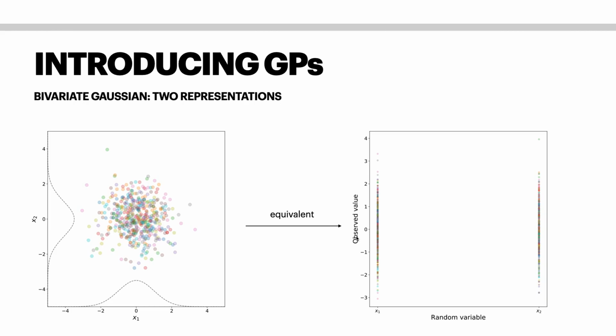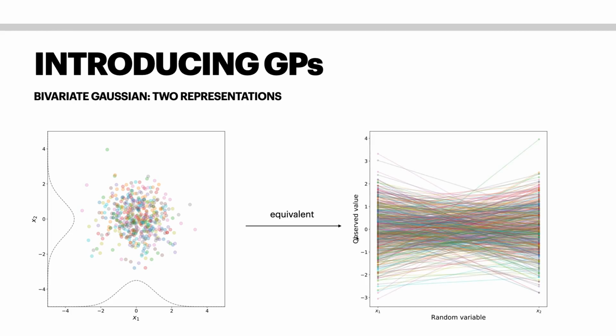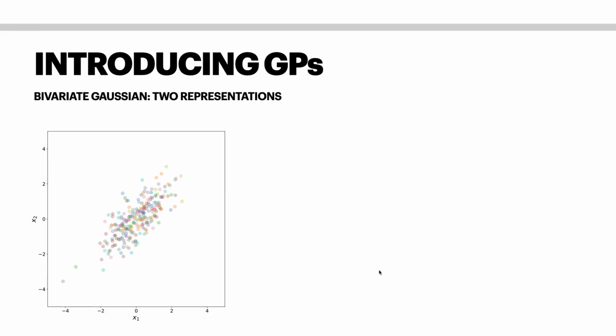And if we like, we could draw lines between the x1 and x2 samples, just to make it clearer which 2 points are connected in any one sample. So here, for example, is our green point from before, where x2 is about 4 and x1 is about -2.